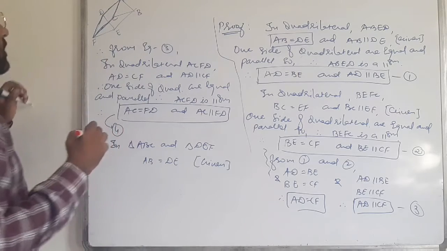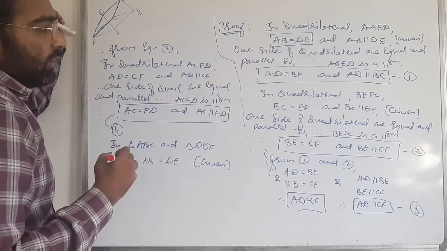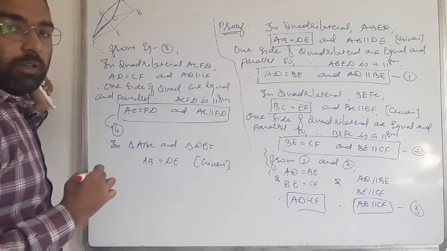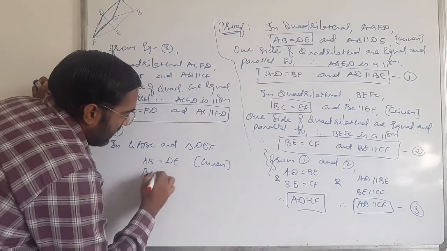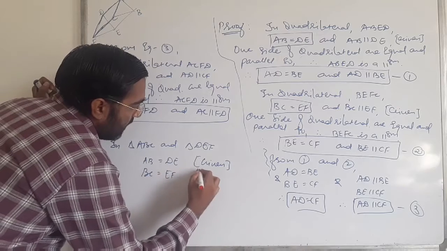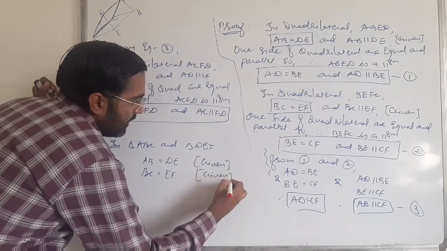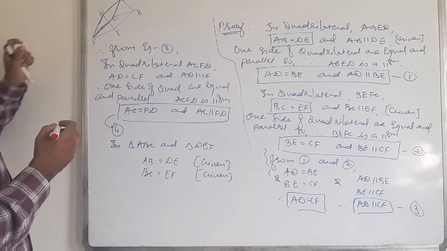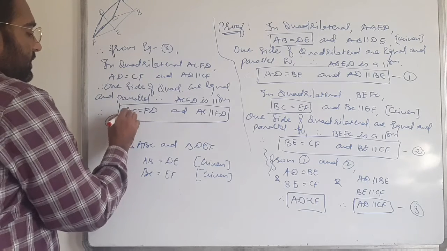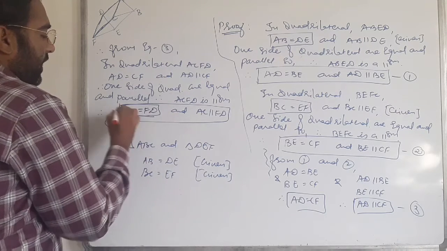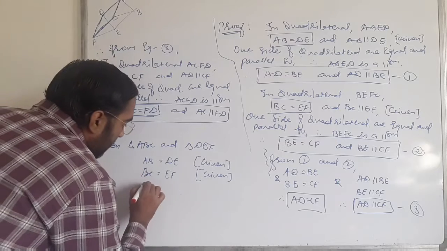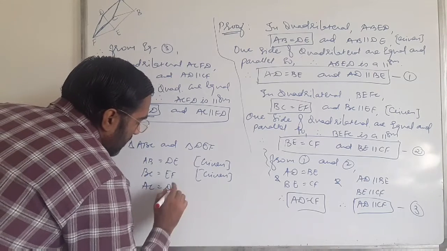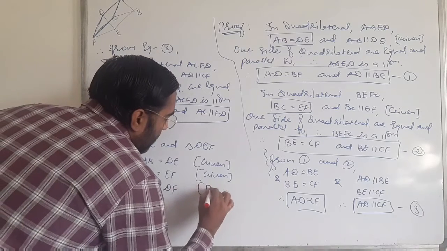Second, BC is equal to EF, which is also given. And third, AC is equal to DF, which we have proved.